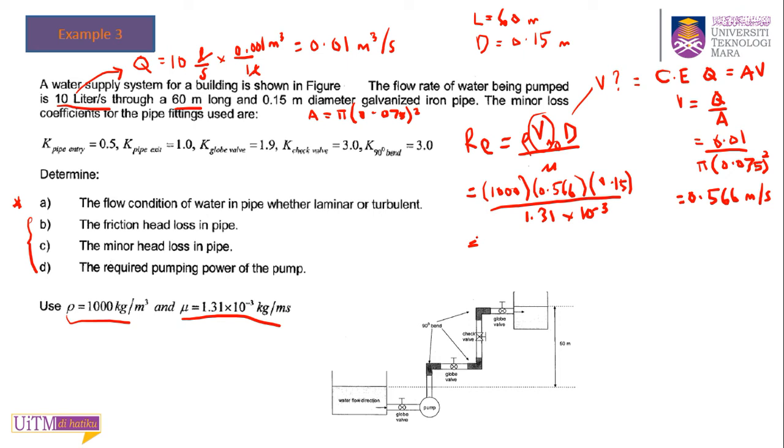You will get the Reynolds number of 64,809. Obviously this value is bigger than 4,000, so you can conclude that this flow of water is in turbulent condition. As easy as that.